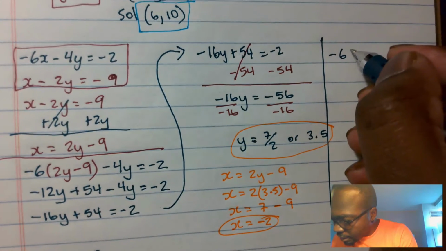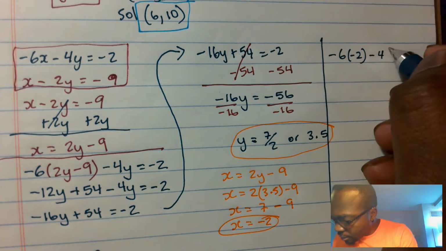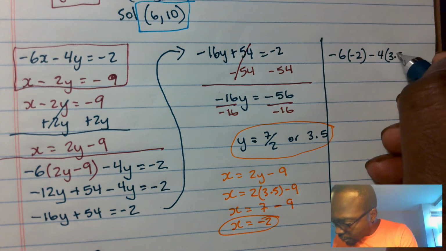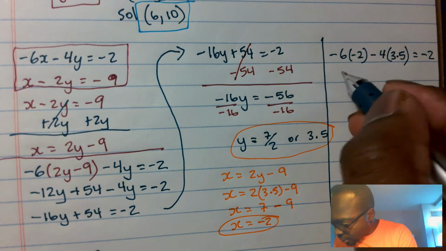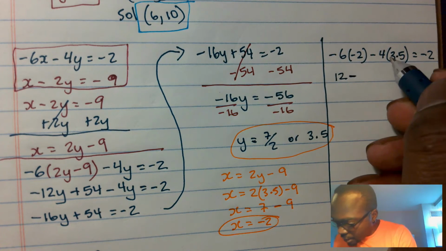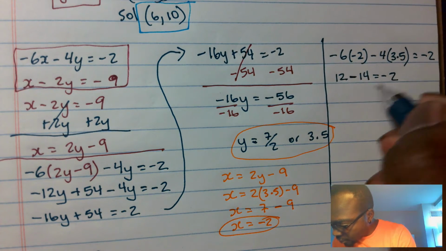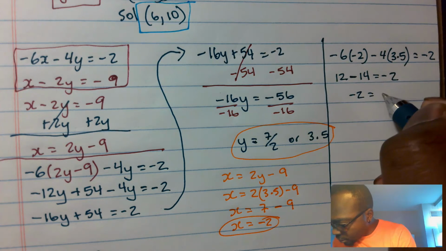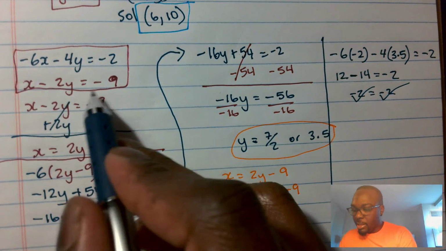I know that x is negative 2 minus 4 times y, which is 3.5, and this should give me negative 2. So we have negative 2 minus 14... negative 2 is equal to negative 2. Boom, that's correct.